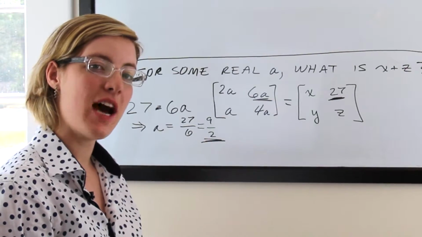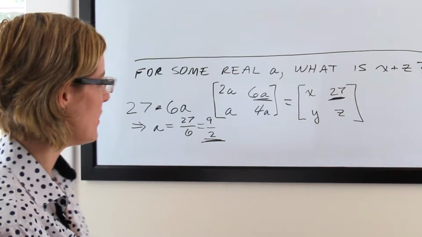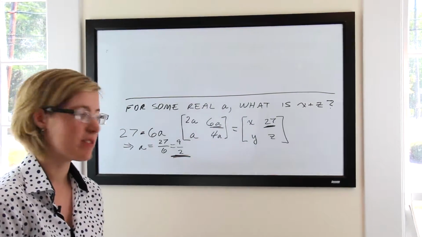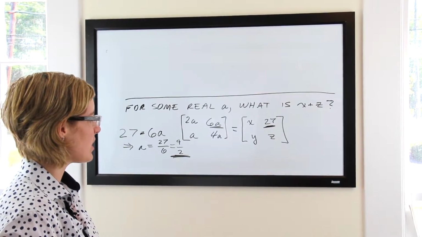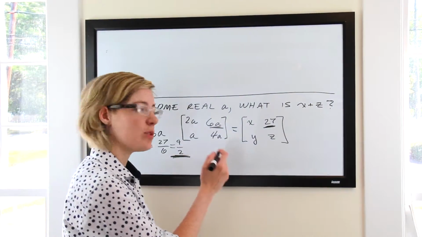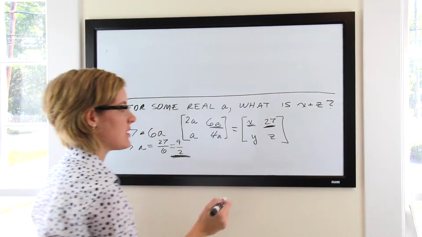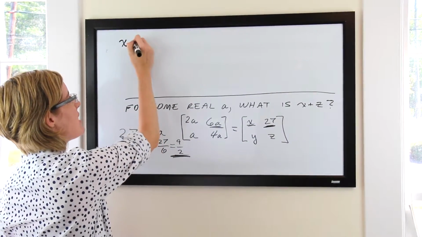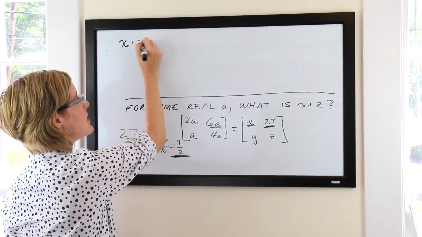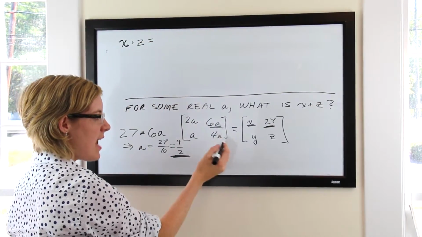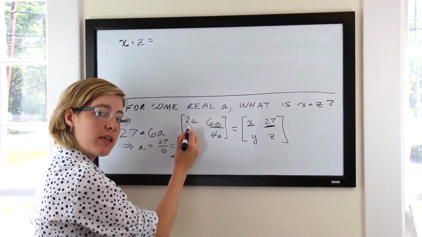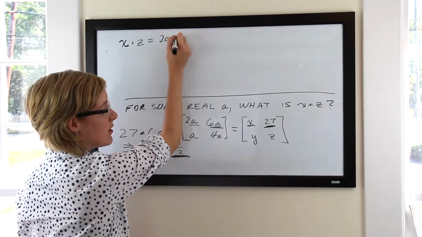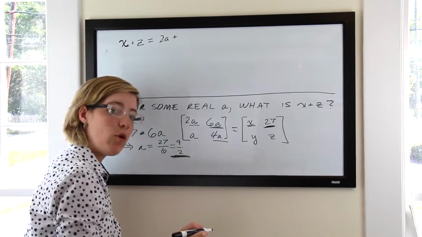Okay, we're going to move to the top of the board, so I have a little more room here. We found that A is 9 halves. So we're going to plug that in for one of the variables we need, which is x. And then we're going to plug in for z. So x plus z is now, element by element comparison, 2A plus 4A.